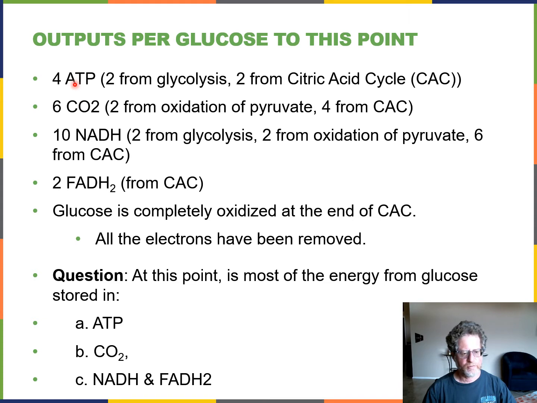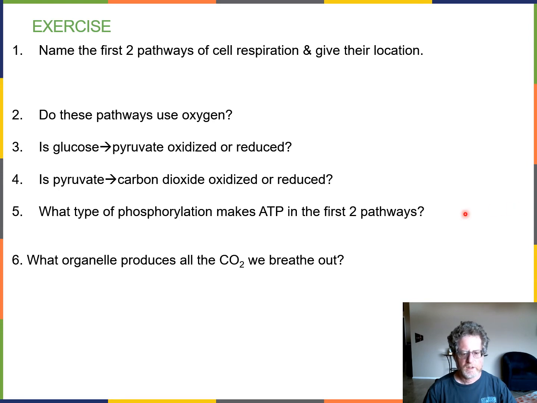So yeah, you built 4 ATP, but there are 30 potential ATP here, and there are 4 potential ATP here. So there's about 34 potential ATP. All right, let's take a break and see if you can figure these out.